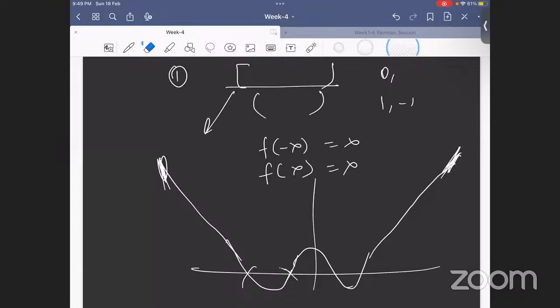How is it possible? Can you tell me? Sir, in the second one you have drawn, it can cross the x-axis. Which one? How? This is what I'm asking.